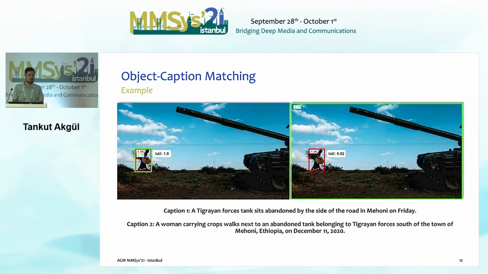But the captions also mention the town, the tank, other things in the picture as well. So if you combine the boxes, we come up with a bigger box. Now the IOU score, the intersection over union score, becomes very low. In that case, even though Cosmos thinks that these captions are out of context, we determine that this sample is actually in context.